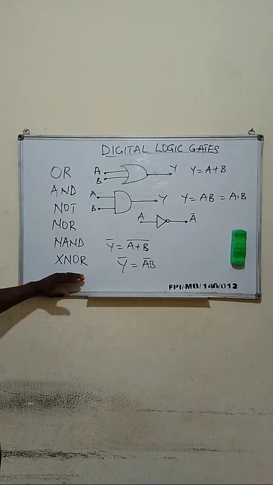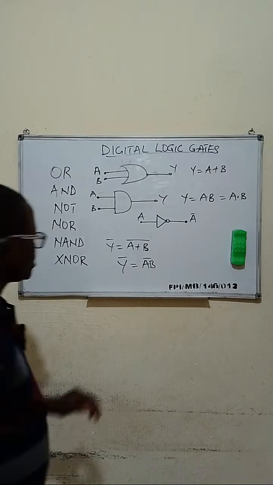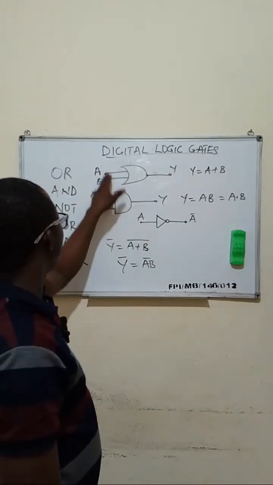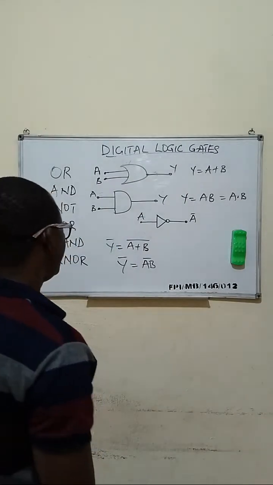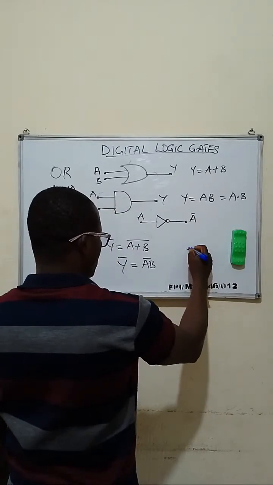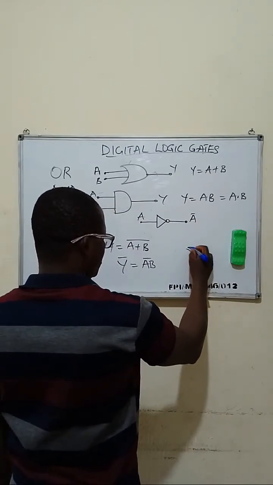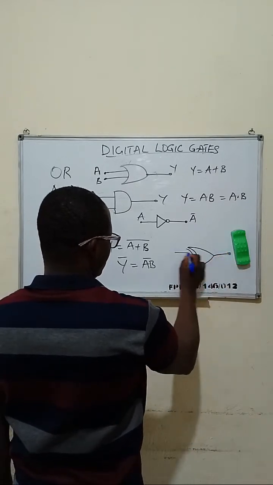XNOR is an interesting gate that behaves in a different way. It does not want the two inputs of the OR gate to be high before it can give an output. The XNOR gate has this symbol.